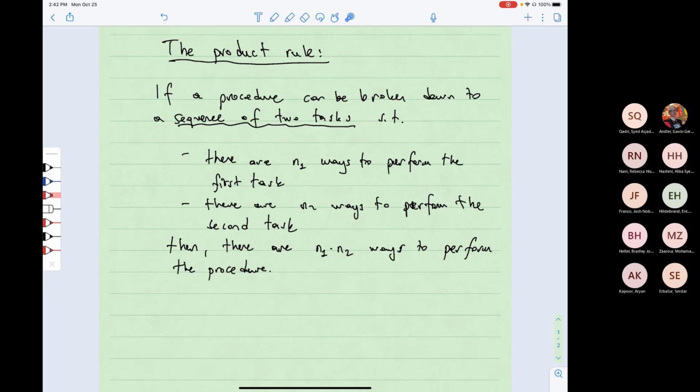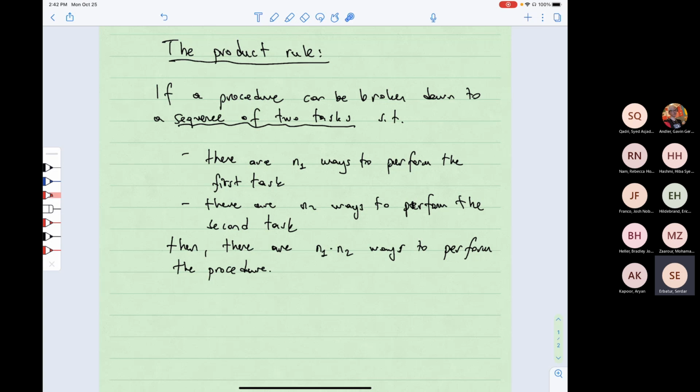And it tells us, imagine you want to run a procedure, like an algorithm, but a generic format of algorithm, which has a beginning and an end. So imagine this procedure involves a sequence of 2 tasks, task 1, task 2. First, you do task 1, and you can do it n1 ways, and you can do the second task in n2 ways. Then the overall procedure can be done n1 times n2 ways.